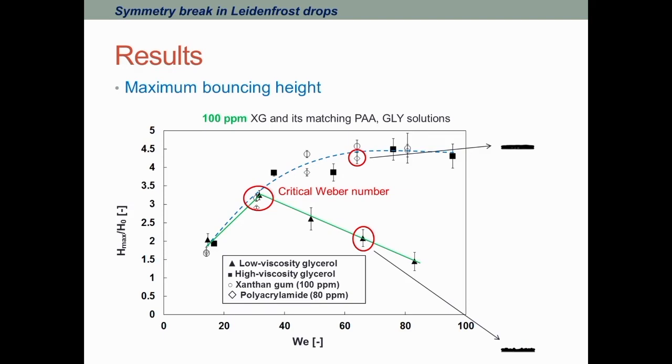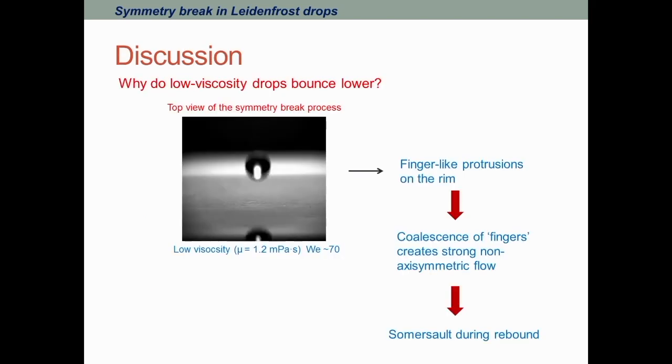If you look at the morphology, you see that there are some wavy structures on the drop surface for these low viscosity drops, but for all the other drops, the surface is quite smooth. In order to look at this wavy structure more clearly, I inclined the camera to get a top view.